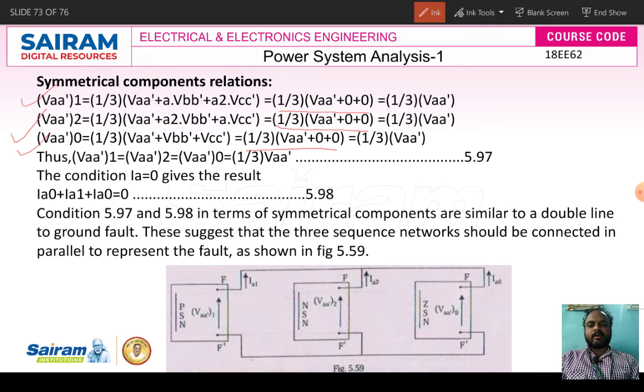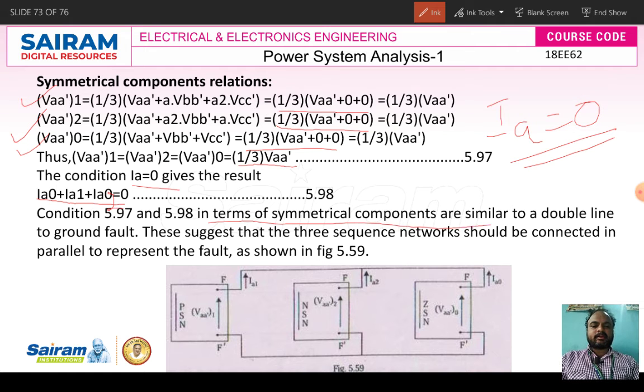The current IA is equal to 0, since the A conductor is open. So IA0 plus IA1 plus IA2 is equal to 0. In terms of symmetrical components, this is similar to the double line ground fault.